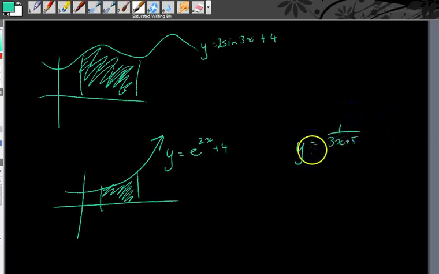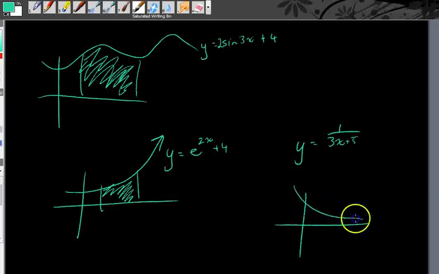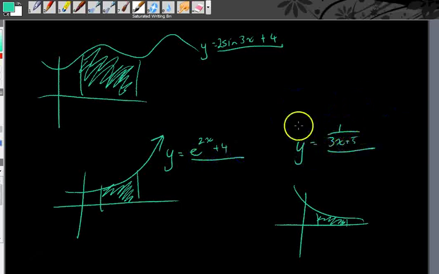You might get asked to find the area under that curve. It's very important that if you had trouble integrating trigonometric functions, exponential functions, or logarithmic functions, that you spend a long time practicing these and making sure that you're integrating these correctly as you go.